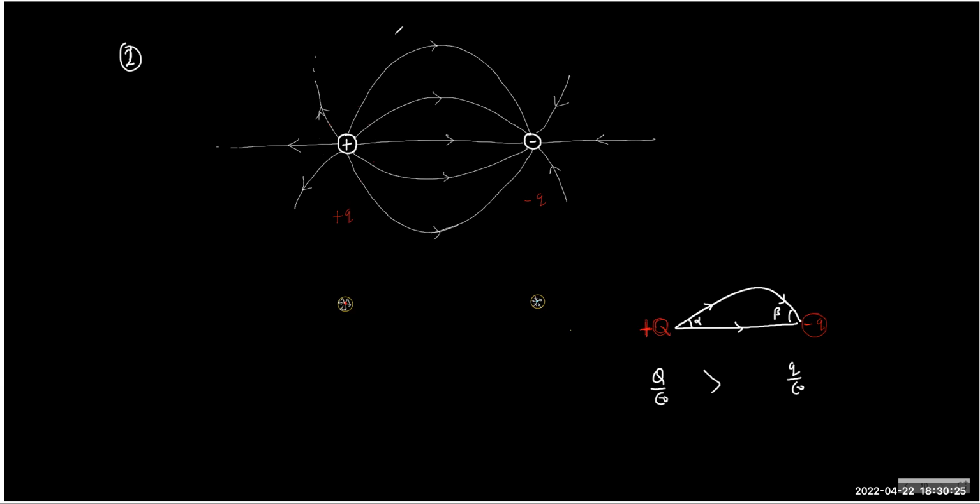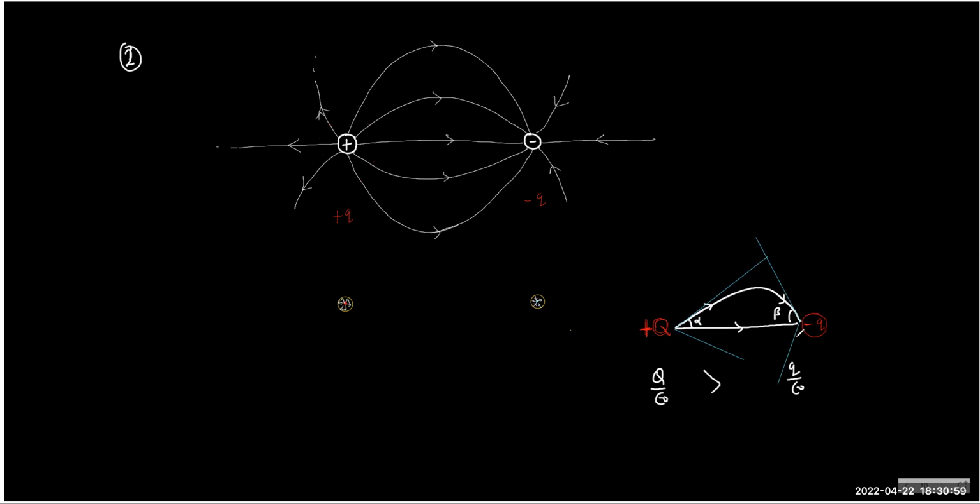So there is always a relationship between them, and this is the most challenging concept. If I draw a tangent line here, and a tangent line here, the bigger angle will always correspond to the smaller charge, isn't it? The bigger angle of emanation or termination will lead to the small charge.